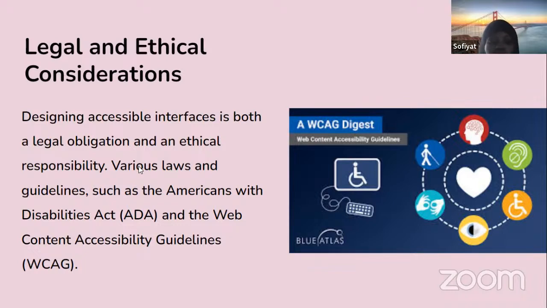The legal laws and guidelines include the Americans with Disabilities Act, the short form is ADA, and the Web Content Accessibility Guidelines. I know that some of us know about the Web Content Accessibility Guidelines.